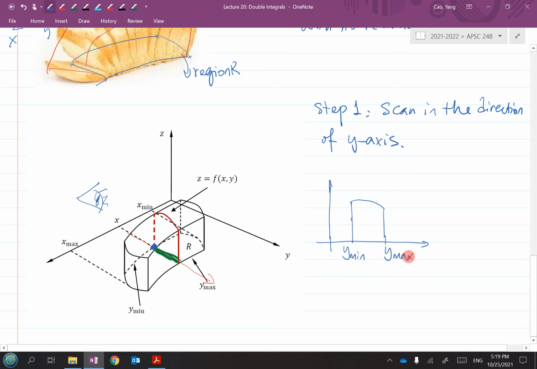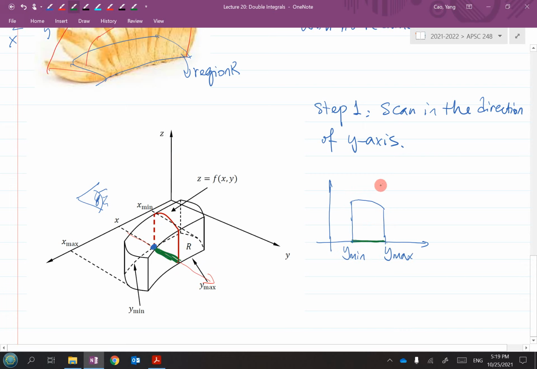So this y min corresponds to the value over there, the y max corresponds to the value over there. And the top here is determined by the top surface of the loaf, the red. That gives you the cross section in here.